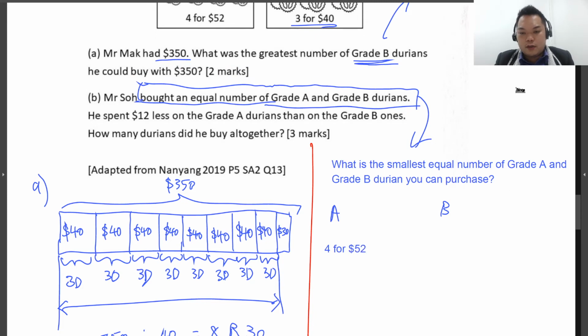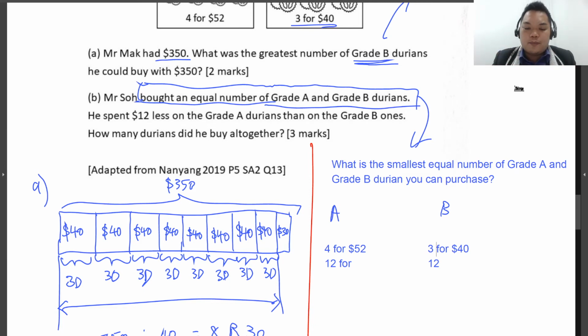For B, you're selling it at 3 for $40. So by listing this out, you will see that the lowest common multiple, or your first common multiple, will be 12. Yeah, smallest equal number that you can buy is 12.